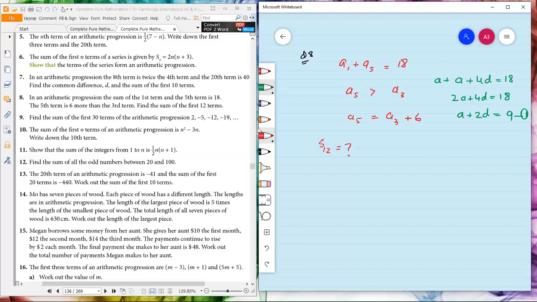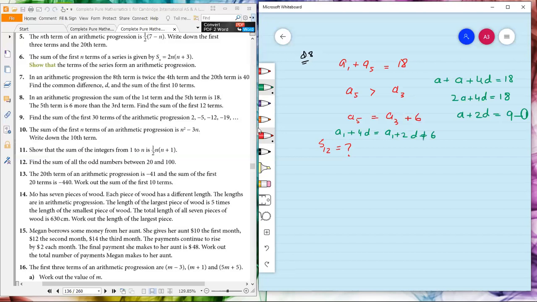Then a5 is equal to a3 plus 6. How does it become? It would be a plus 4d. Just put the formula, and then a plus 2d plus 6. Then solve it. A plus 4d, we shift a to one side, plus 6.